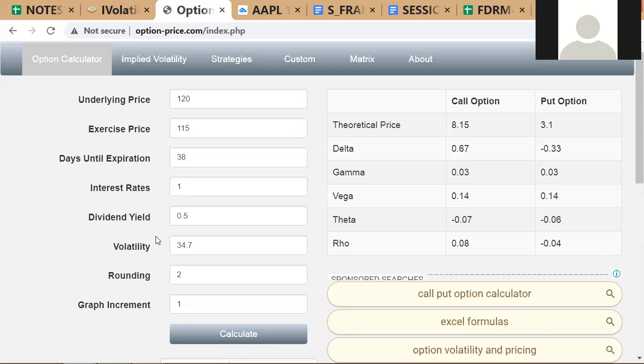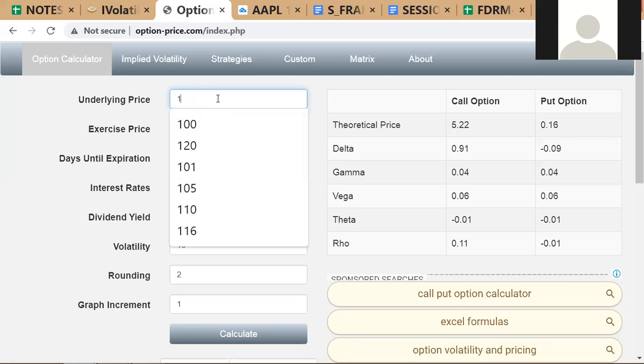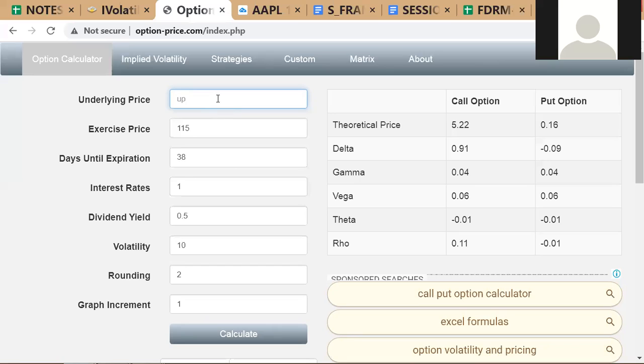I'm just going to round it off a little bit. Let's make the I-Vol 10, let's make it very small. Let's just look at a 115.